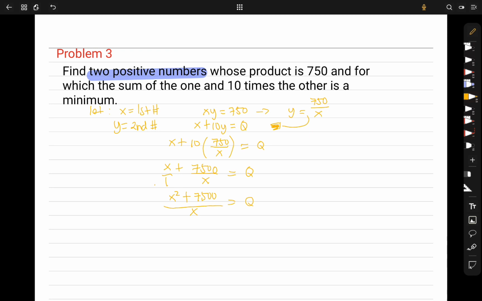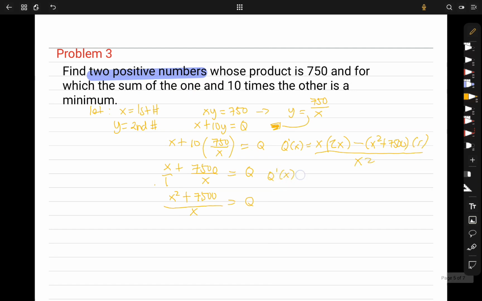And now we can differentiate this one using the low d-high minus high d-low rule. So differentiate, that is q prime of x is equal to, so low, that is x, multiplied by the derivative of high, that is 2x, minus high, x squared plus 7,500, times the derivative of low, that is 1, all over x squared.